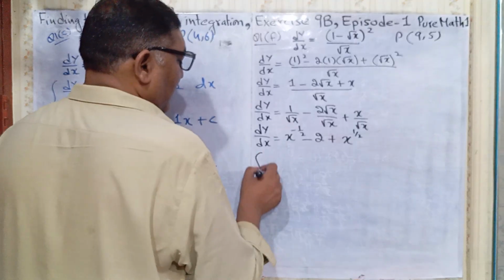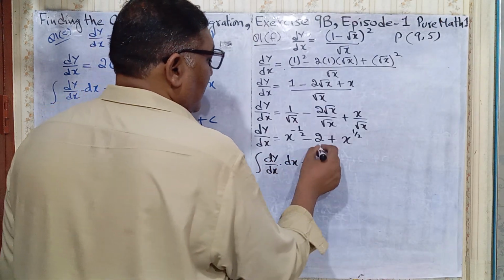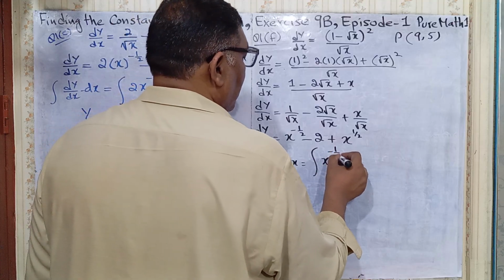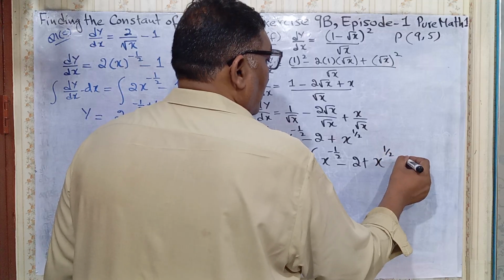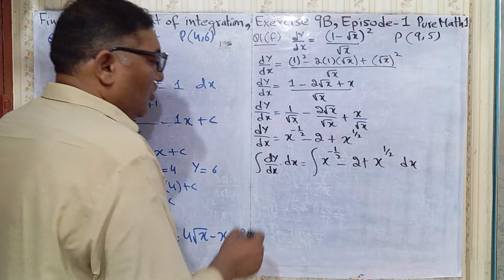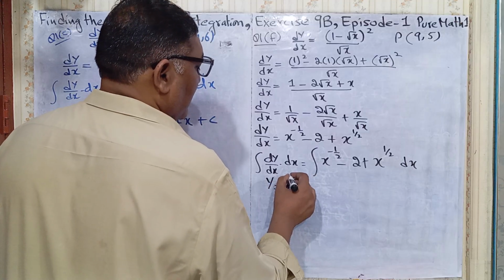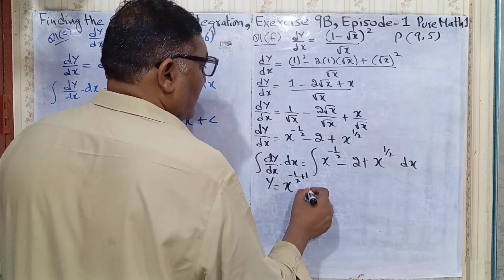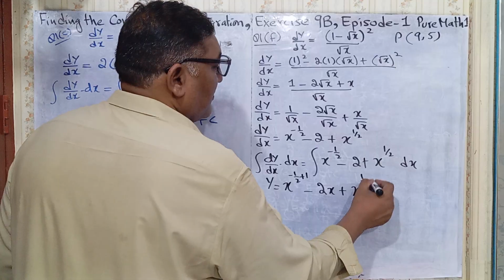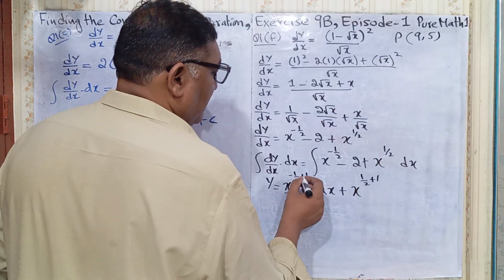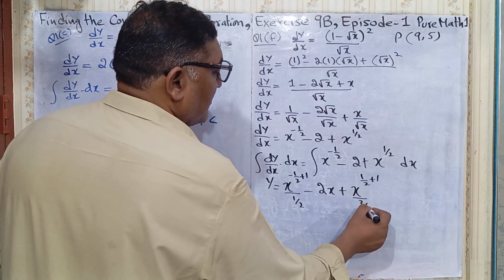Now I can integrate. So dy/dx into dx is equal to the integration of x raised to power minus 1/2 minus 2 plus x raised to power positive 1/2, into dx. This will become y, and here you increase the power by 1, then you have minus 2x, plus this power increased by 1, and you divide by the new power.